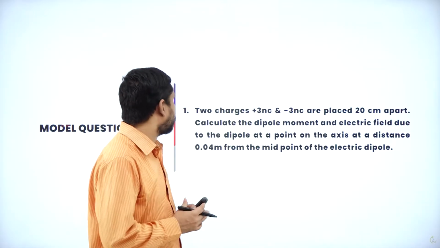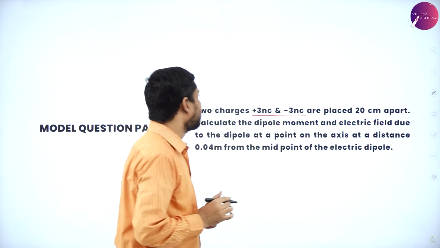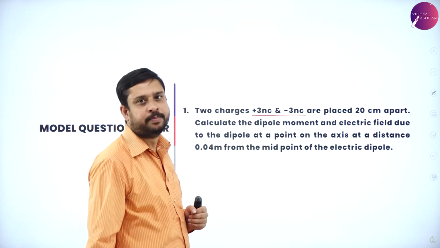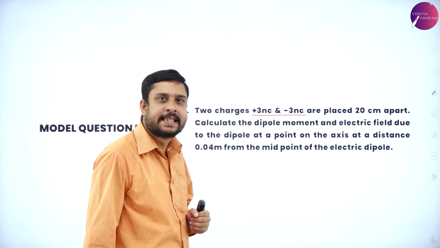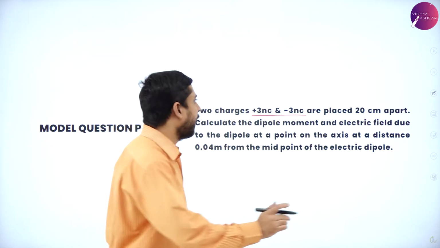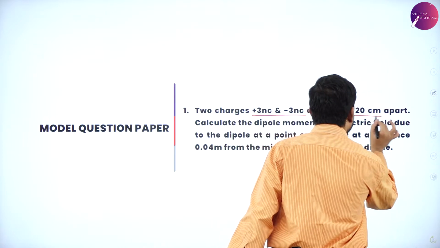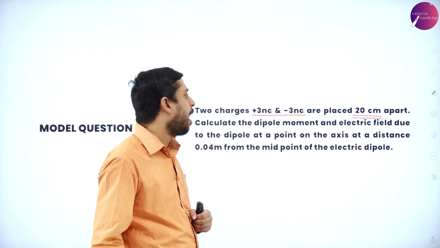The first problem, students. Two charges, plus 3 nanocoulomb and minus 3 nanocoulomb, are placed 20 centimeter apart.